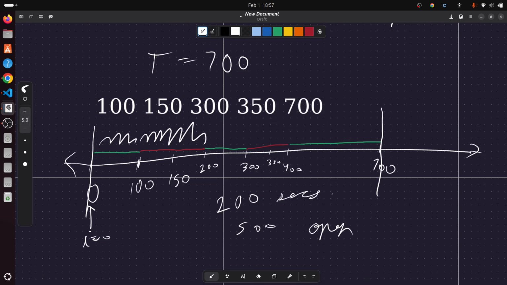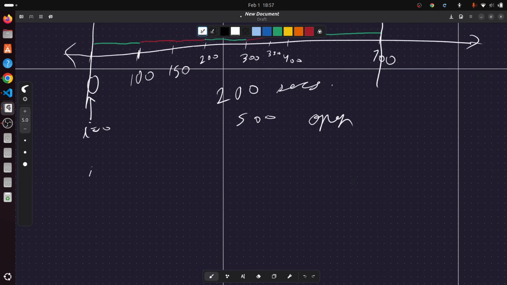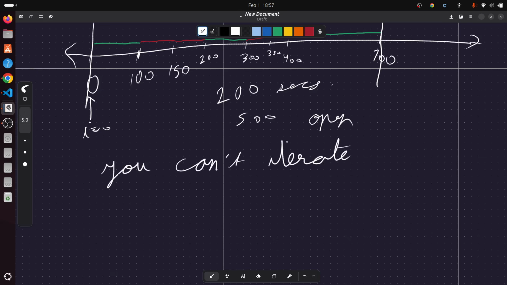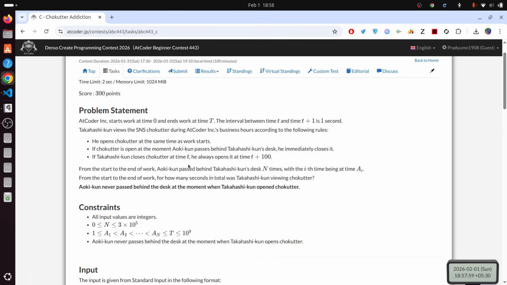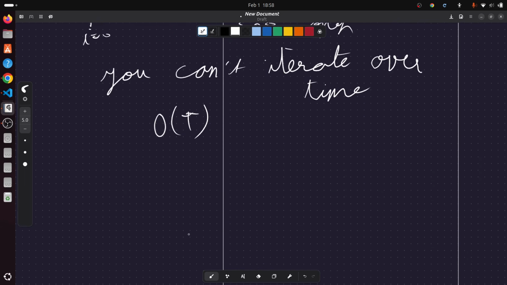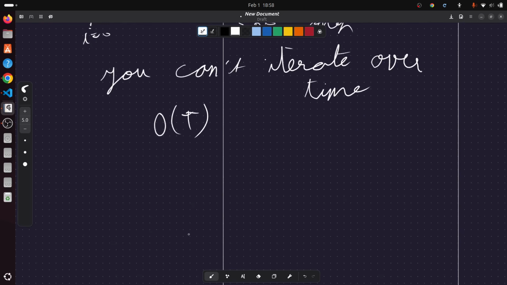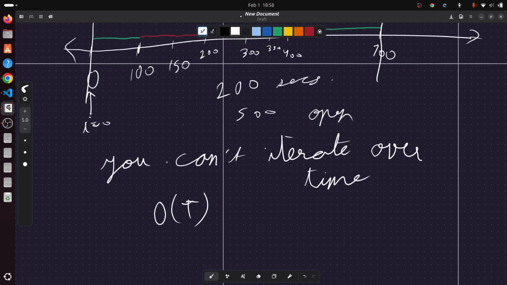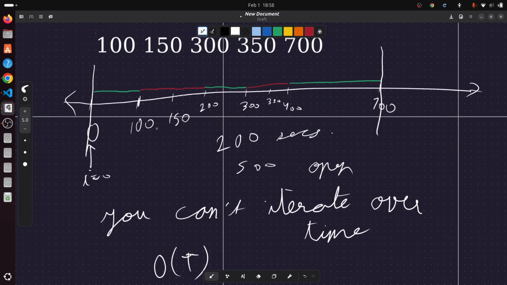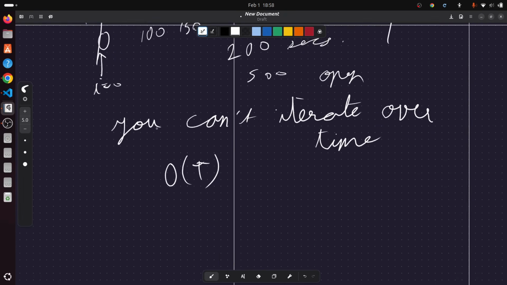But basically you cannot iterate over the entire time, because O of t is not allowed. The constraints on t are very large, 10 to the power 9, right? So instead we can iterate over the array, at the moments where Aoki comes to our desks, and then calculate something, right?